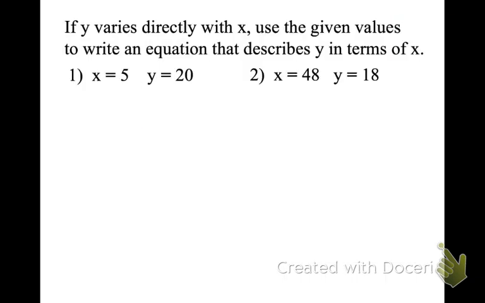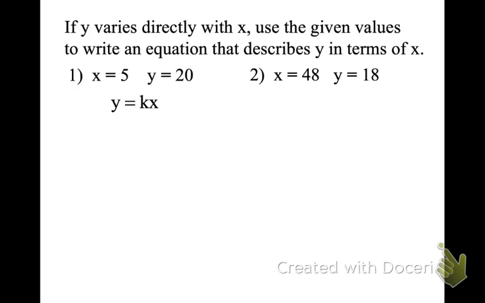Okay? All right, now they're asking us to write the direct variation equation. If y varies directly, they're telling you we're going to use y equals kx. Okay? Y varies directly with x. Y equals kx. Given the values, to write the equation that describes y in terms of x. Now, they just want it with the k. That's what that means. To write the equation is to find the k.